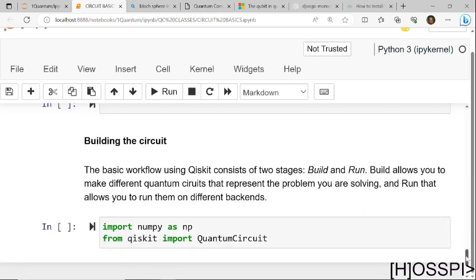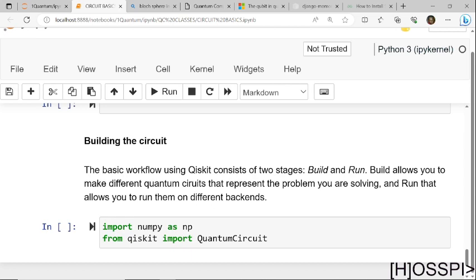Let us just have a little look at building the circuit. The basic workflow using qiskit consists of two stages: build and run. Build allows you to make different quantum circuits that represent the problem you are solving, and run allows you to run them on different backends.